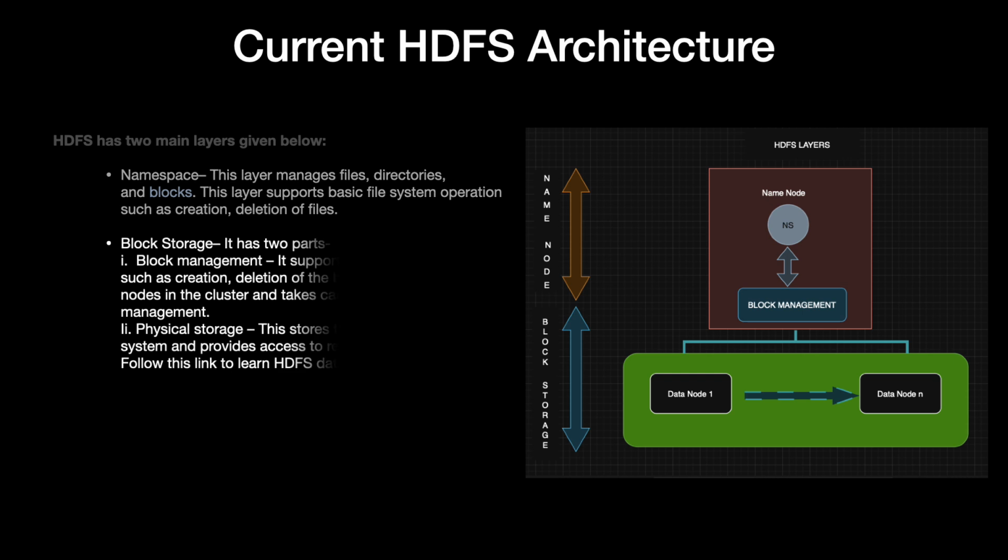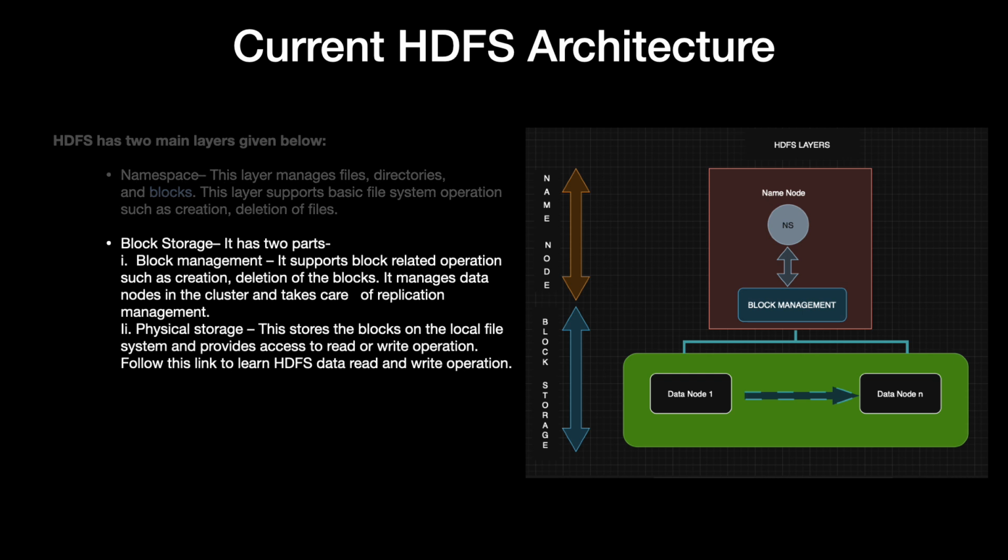And we have block storage as part of the architecture, which has two different segments. One is block management, two is physical storage. Block management is nothing but managing the data nodes and blocks in the storage, and physical storage is where the actual files reside in the cluster.